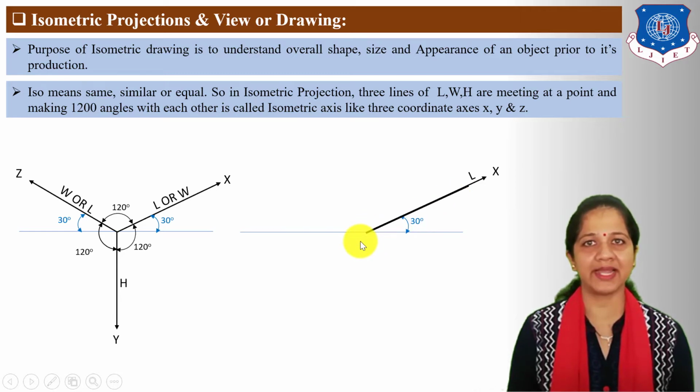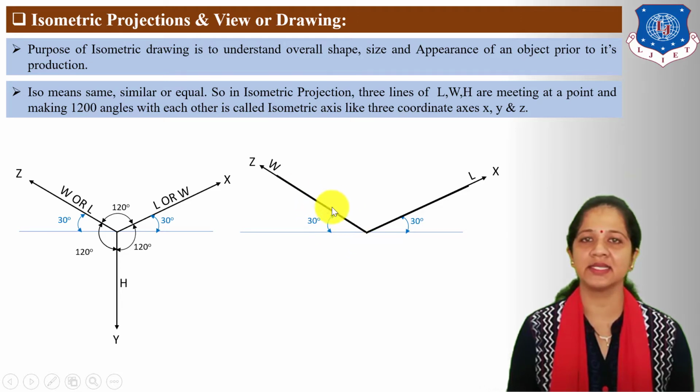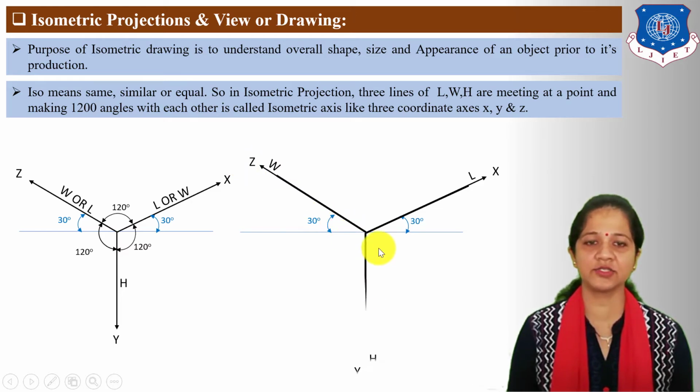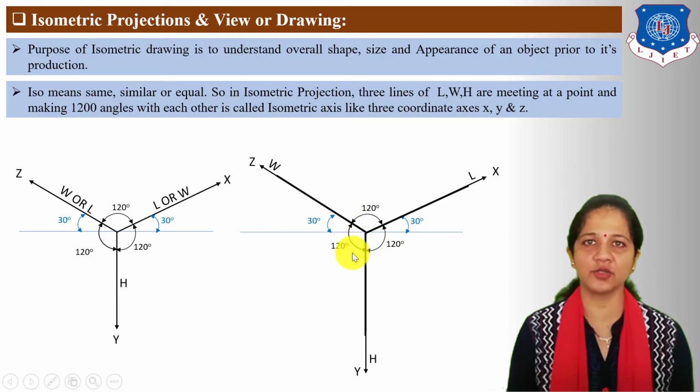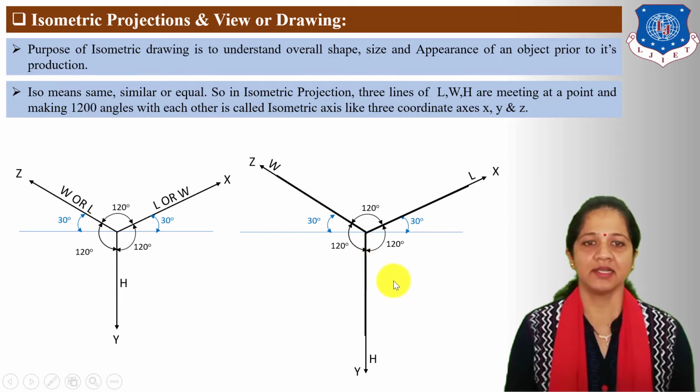Next draw z-axis. Angle from horizontal reference is 30 degree and take width on z-axis. Next draw vertical y-axis and take height on y-axis. Here you can see the angle between two axes is 120 degree.